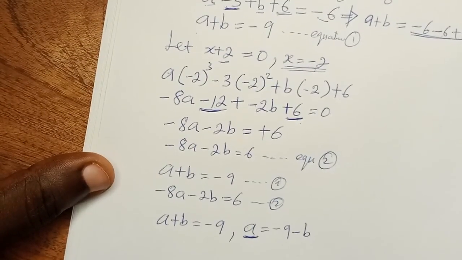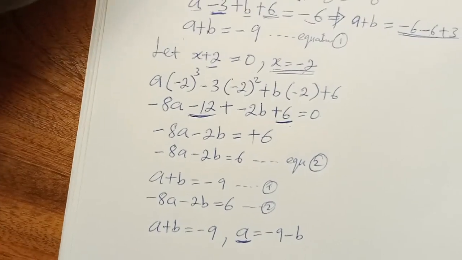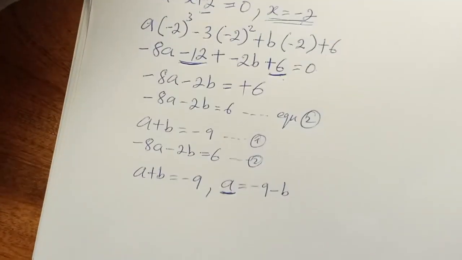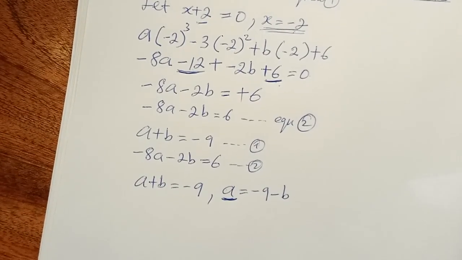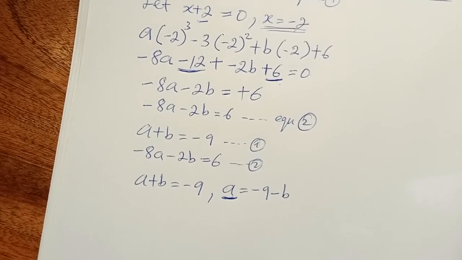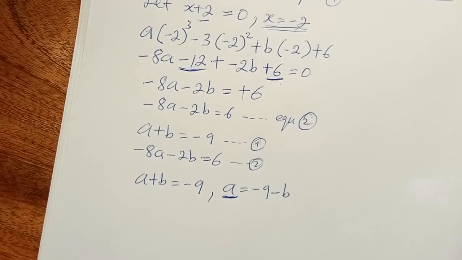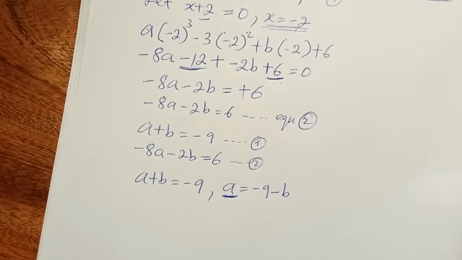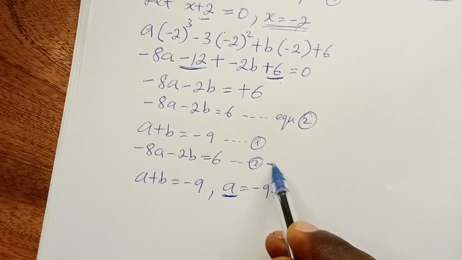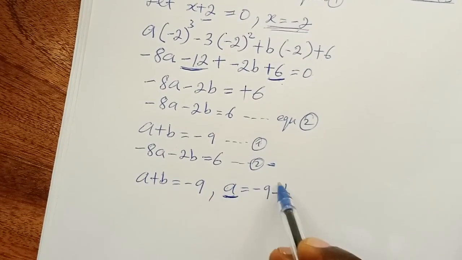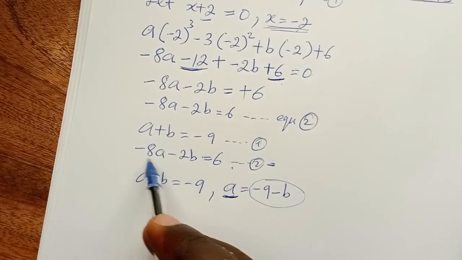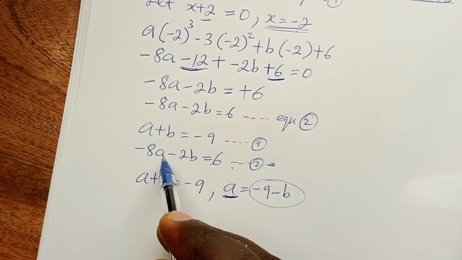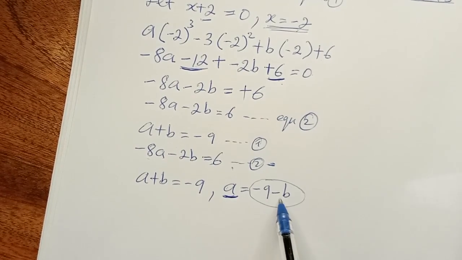So of course, we now know the expression of a. Let's insert a inside equation 2 so that we can get some values. This is equation 2. We want to use a as equal to this and insert it here. In other words, anywhere that we see a in equation 2, we are going to insert minus 9 minus b.